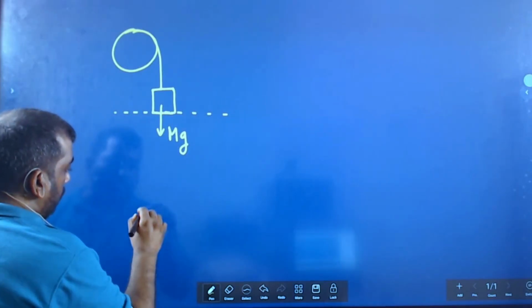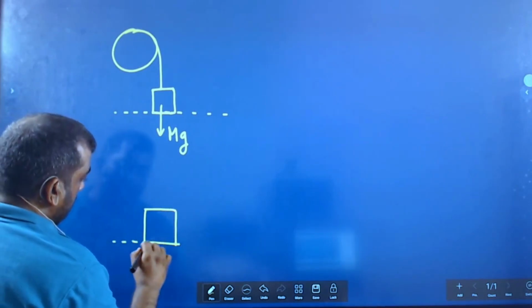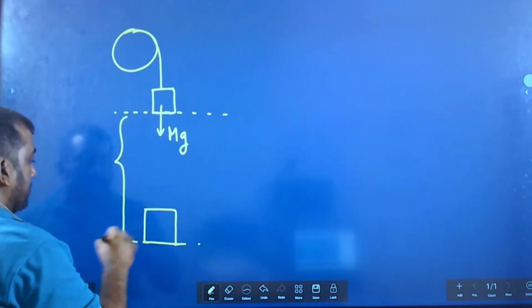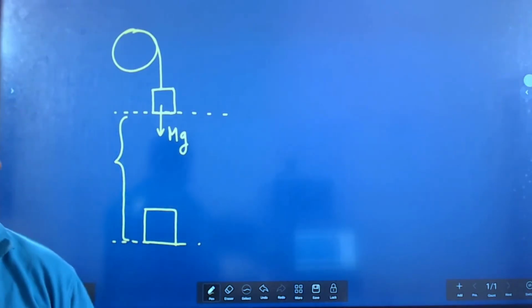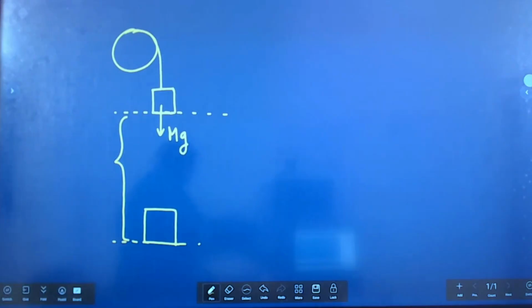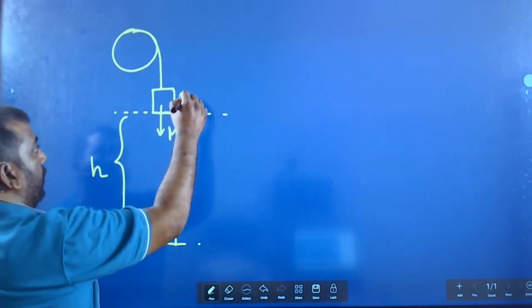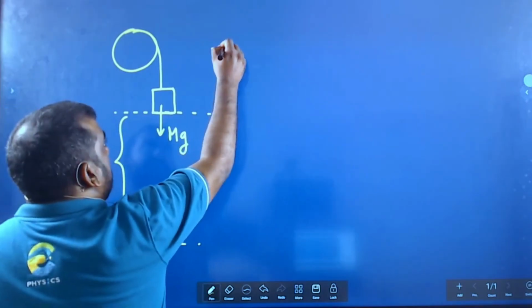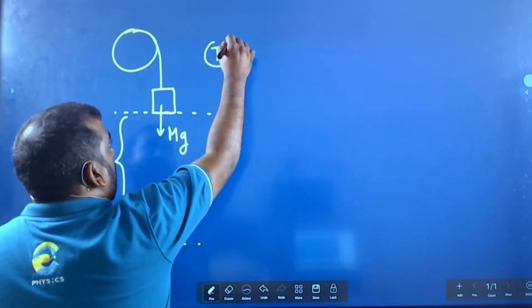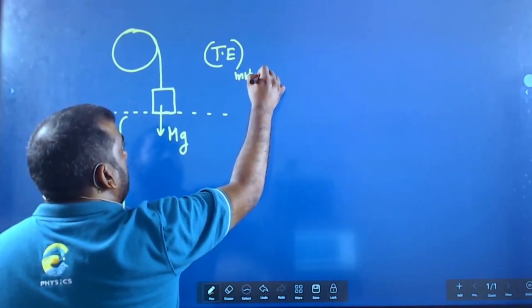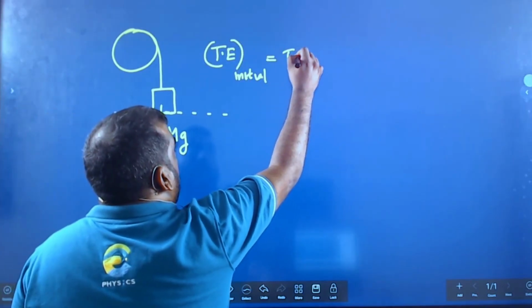This comes down a distance h. Simple h, not capital H, they are giving you a distance, simple h. Right. So total energy initial equals total energy final.